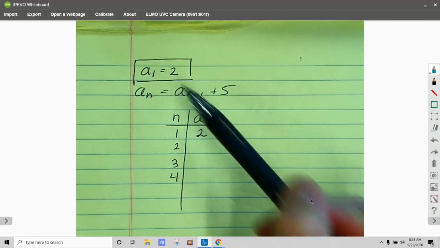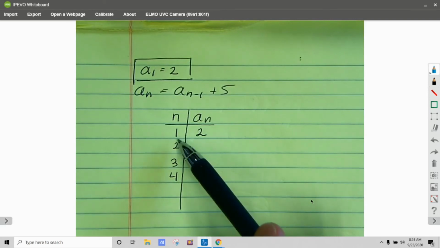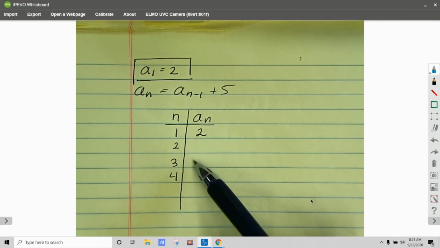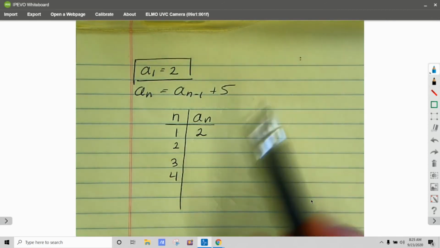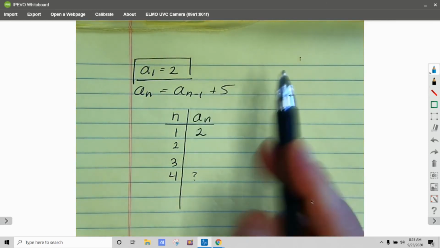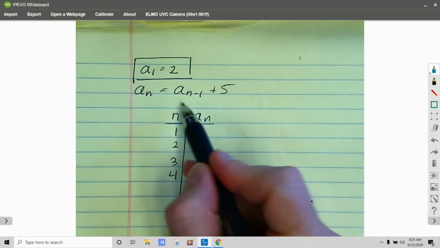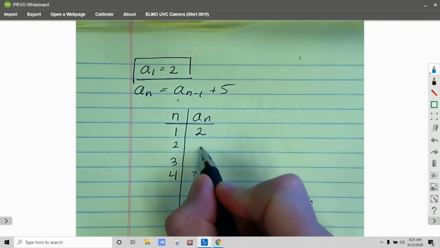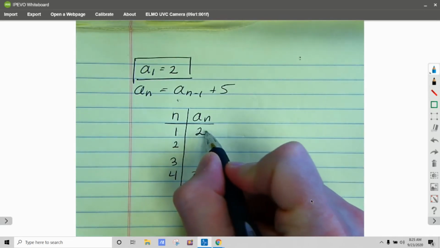So since the first term is 2, I've made a table here, and I put the 2 right there. So my first term is 2. I don't know what my second term is. I don't know what my third term is. And this is really what I'm looking for: what is the fourth term? Now, the recursive only allows you to go from the previous term to the term you're looking for. So I can't use the third term, I can't use the second term, but I'm going to use this.